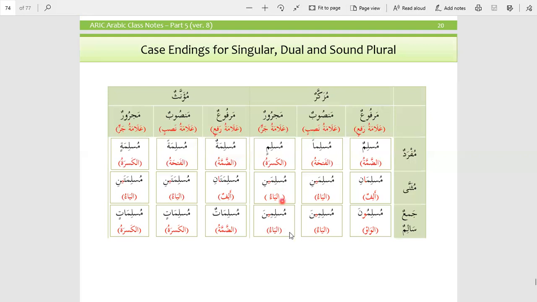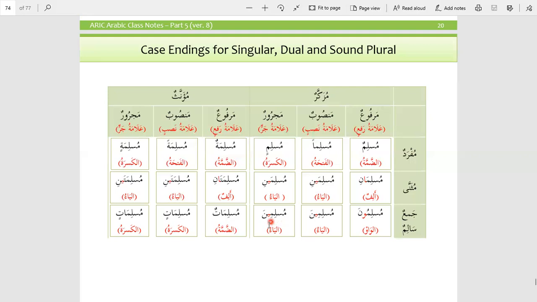So take note of that. It also applies to various words we are going to see. Some of them carry the same sign as marfu'un or mansubun, but you can only distinguish using the context.